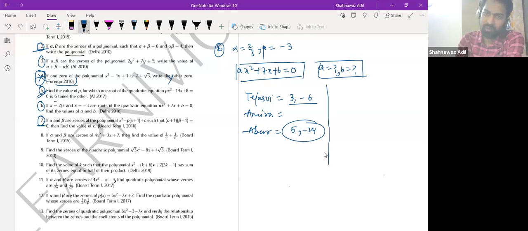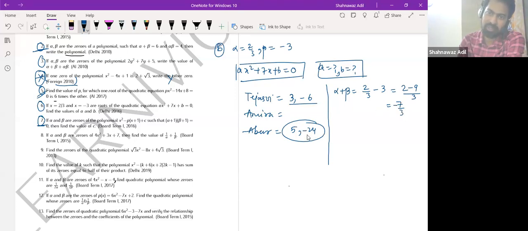So we have to just take alpha plus beta. That is how much? This is 2 by 3 minus 3. So this is 2 minus 9 by 3, which is minus 7 by 3.